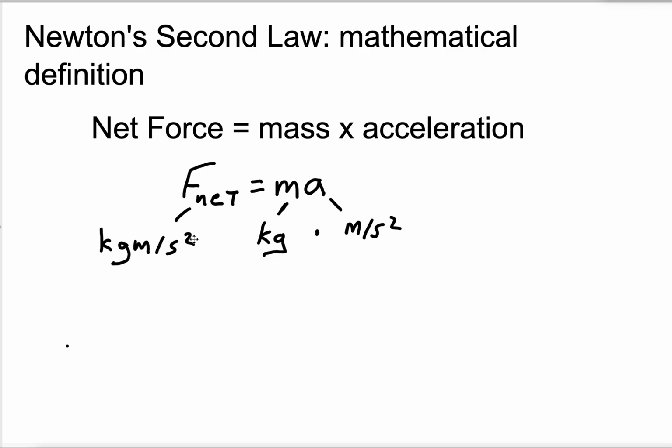Now we have a shorthand way of writing kilogram meter per second squared. It's named after the person who came up with this whole thing. And a kilogram meter per second squared is called a Newton. And we abbreviate it with a capital N. So if you see like 10 N, that means 10 Newtons.